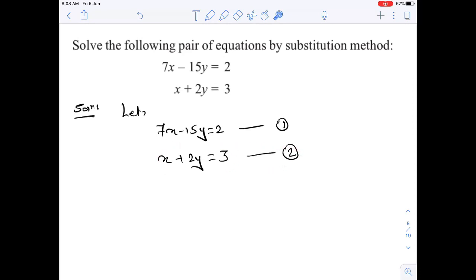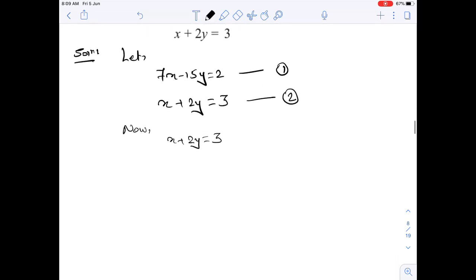x plus 2y equals 3. Therefore we will move this 2y to the other side, so you will get x equals 3 minus 2y.